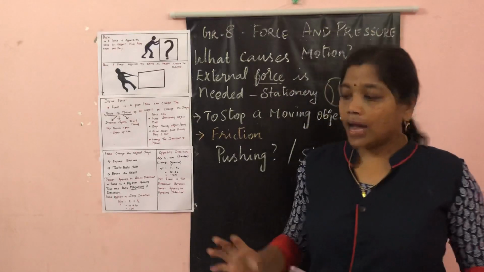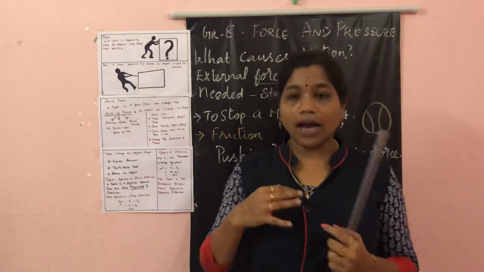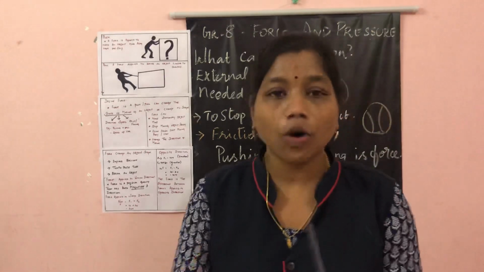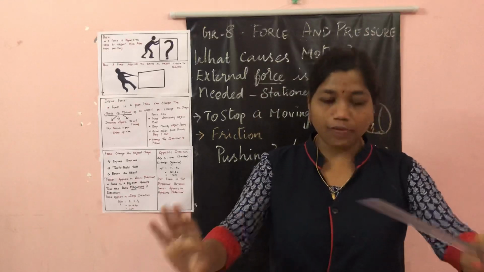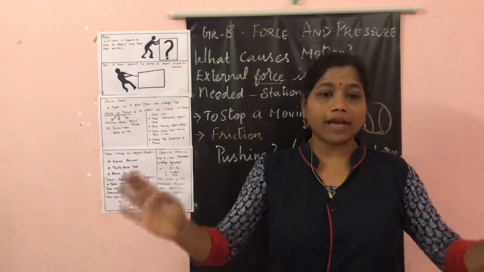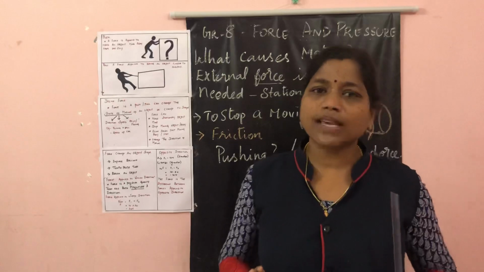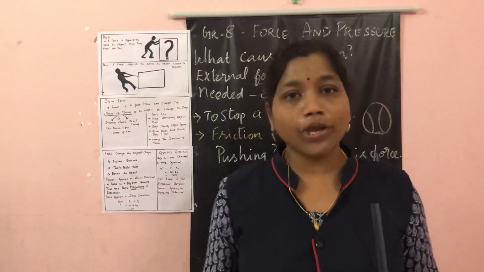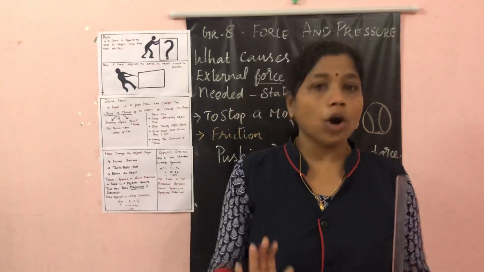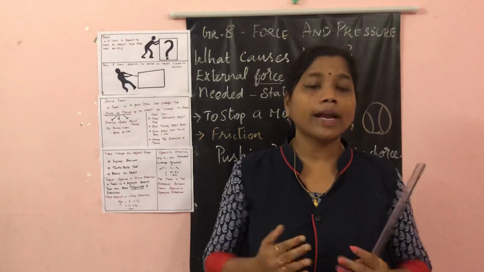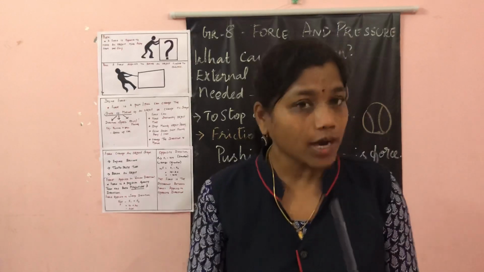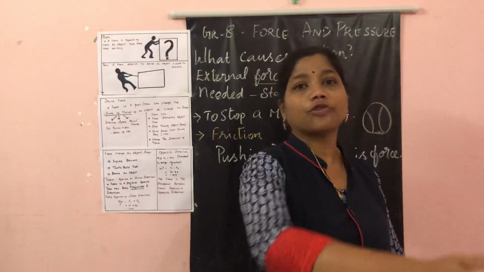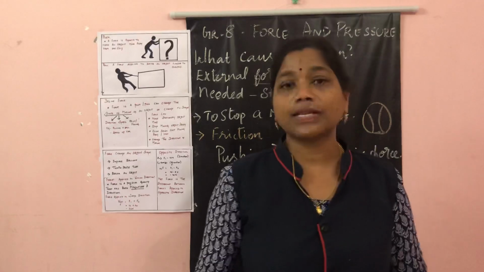So now I'm going to push a box away from me. Imagine I kept a heavy box before me which is disturbing me from moving from here. What I'm going to do is push the box away from me so that I can cross it and go from this place.